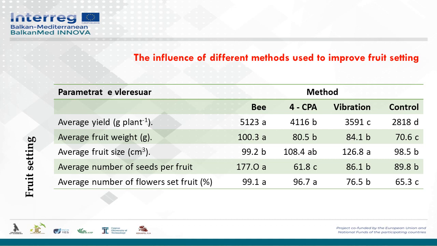Compared to the use of artificial hormones, you can see that we have a slightly smaller fruit size in the case of bumblebee use, but the number of seeds per fruit is much higher.